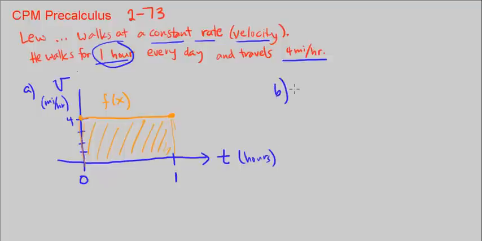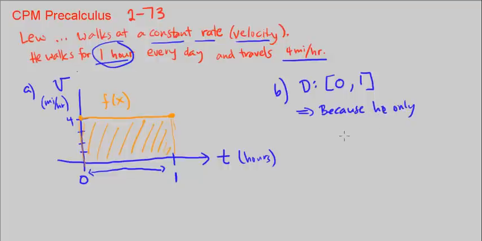Part B says, explain why the domain will only be between 0 and 1. Why is this our domain, right? Our domain starts at 0 and ends at 1. Why is this true? Because he only walks for 1 hour.